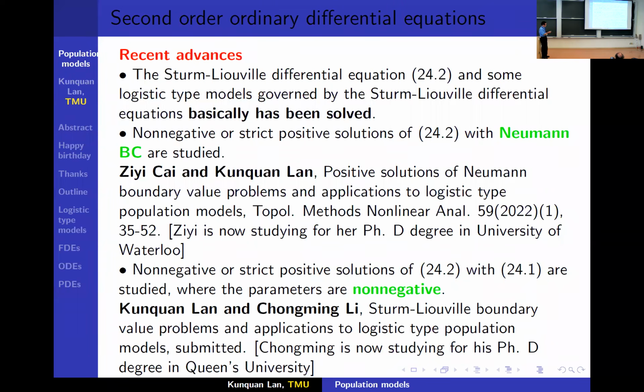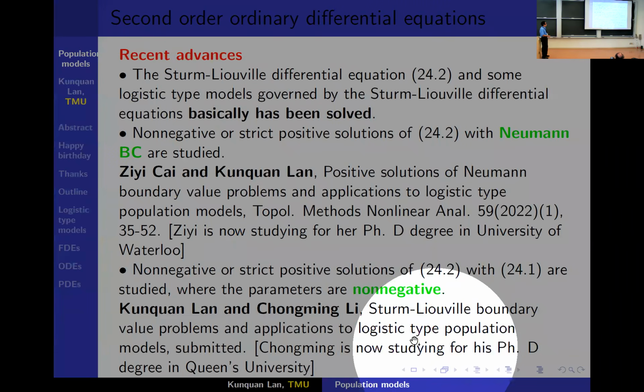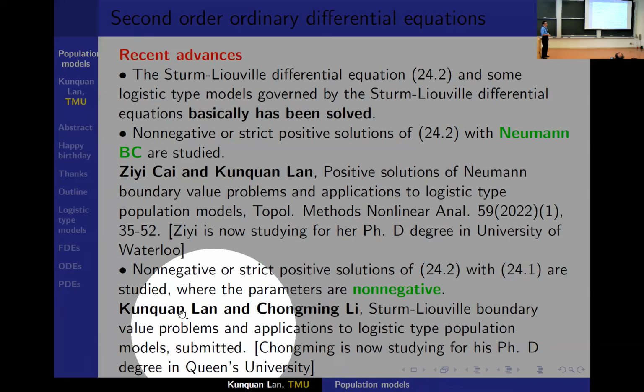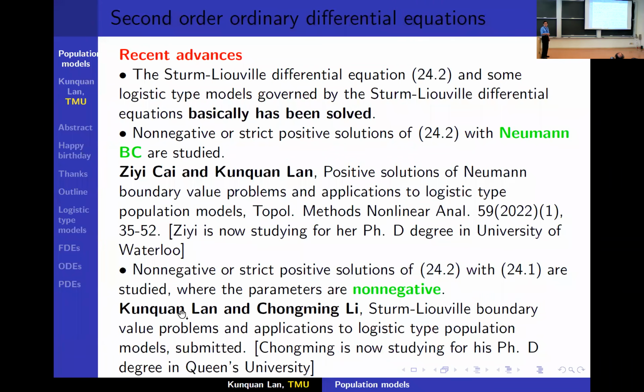Right now my students, one is Zai Yi in Waterloo, I think with the engineering, two supervisors, and Chang Wing goes to Queen's University, I think with Professor Days, so there.